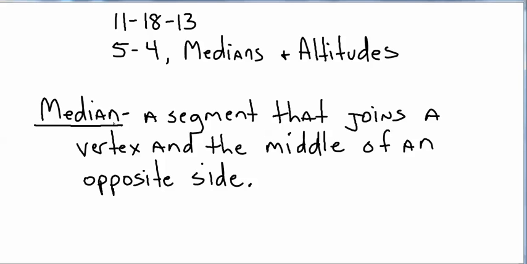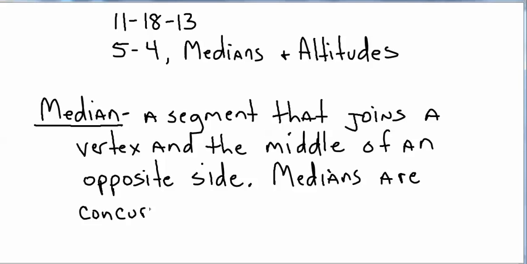Joins a vertex in the middle of an opposite side. Medians are concurrent at the centroid.